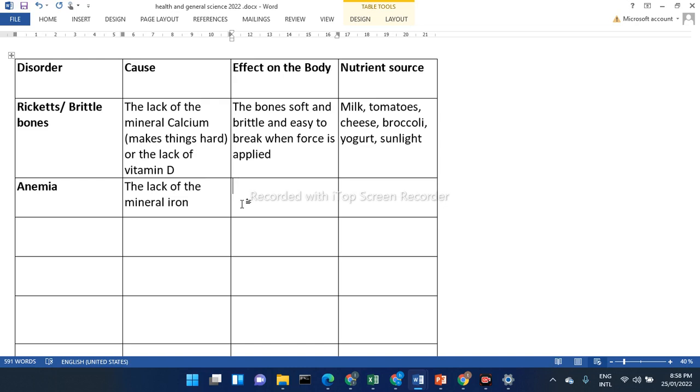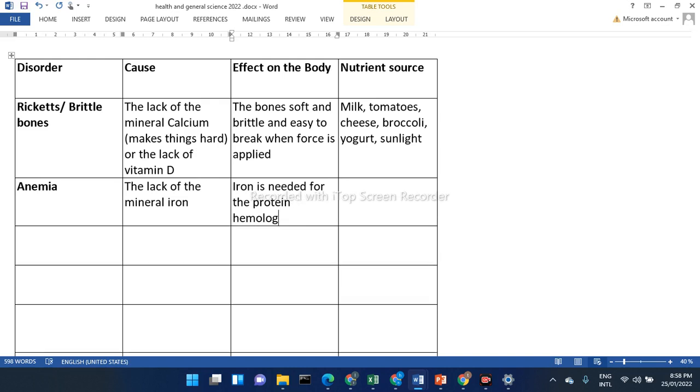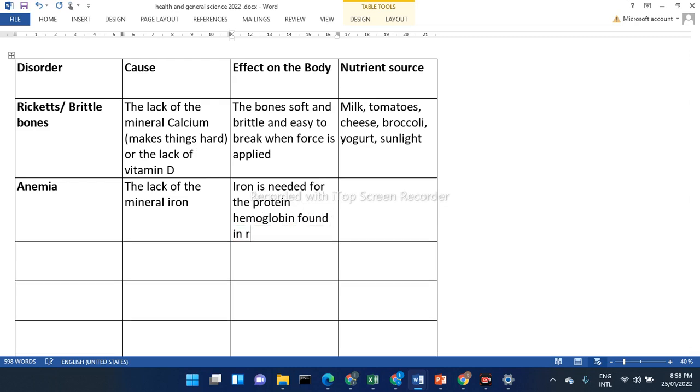Okay, so iron is needed for the protein that gives the blood its red color. Hemoglobin. So iron is needed for the protein hemoglobin found in red blood cells.